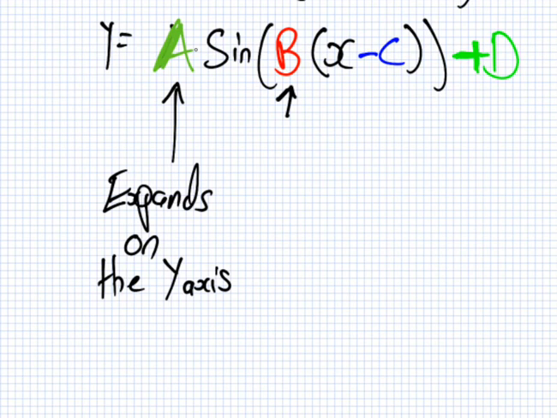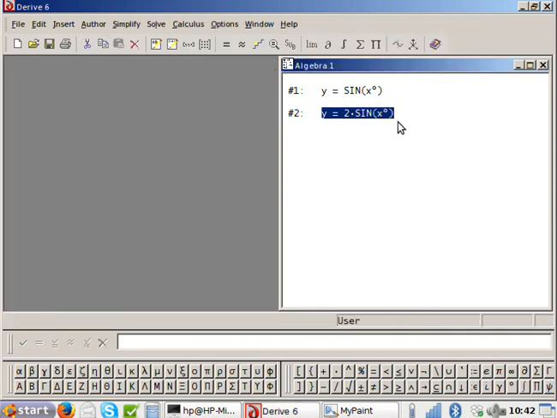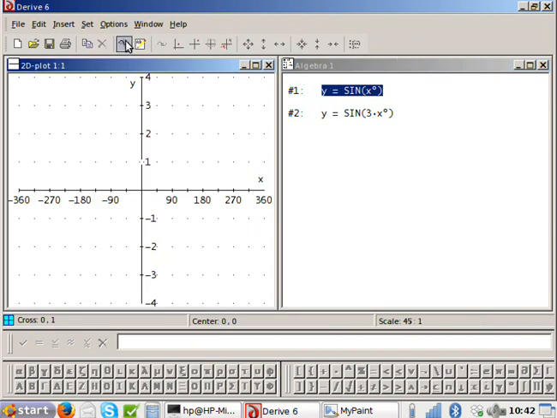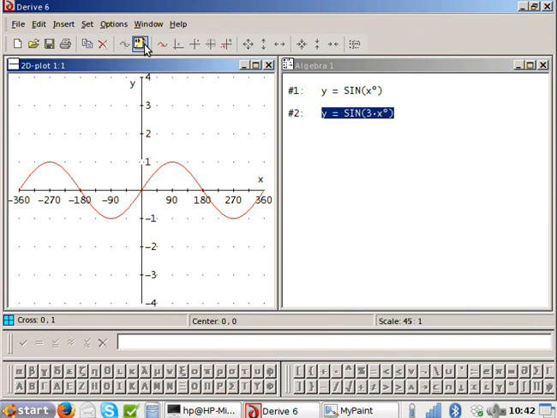So for example, if you had something like y equals 2 sine 3x minus 45, plus 2. You get what I'm doing? We're going to look at the graphs but slightly manipulated.